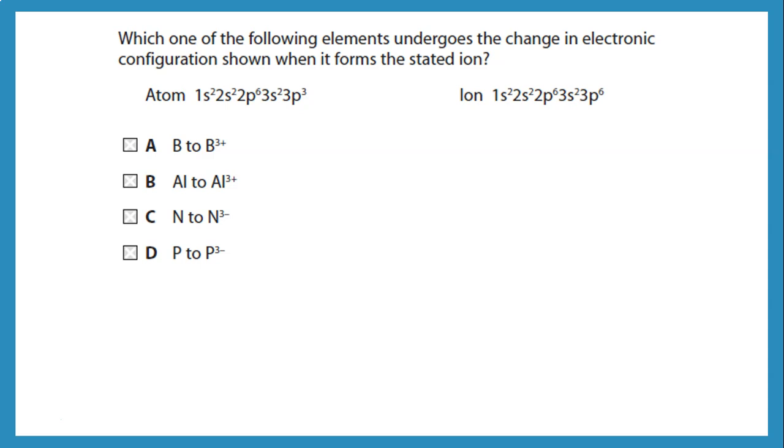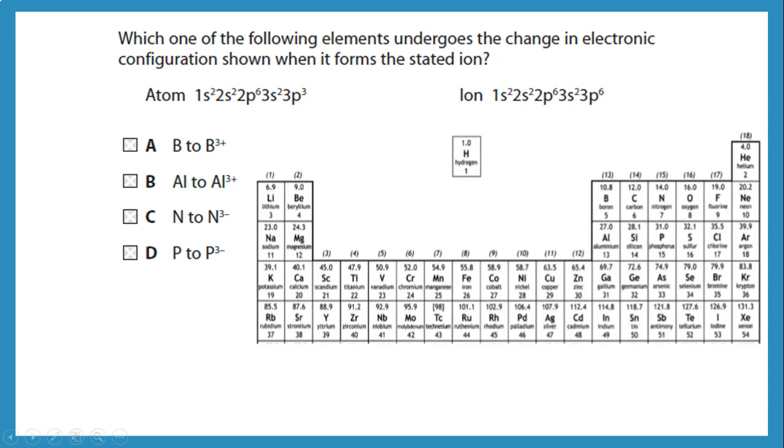Which one of the following elements undergoes the change in electronic configuration shown when it forms the stated ion? Well, he's starting with an atom that has 1s2, 2s2, 2p6, 3s2, 3p3. That is a total of how many electrons? That's a total of 15 electrons. So we're looking for something that has atomic number 15. Or you could just look at the last energy level.